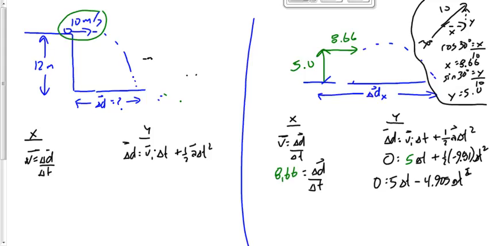Watch very carefully what I'm going to do, because this is tricky. Remember, I can do whatever I want, but I got to do it to every term. I'm going to divide every term by t. 0 divided by t, 5t divided by t, and -4.905 t squared divided by t. What's 0 divided by t? 0.